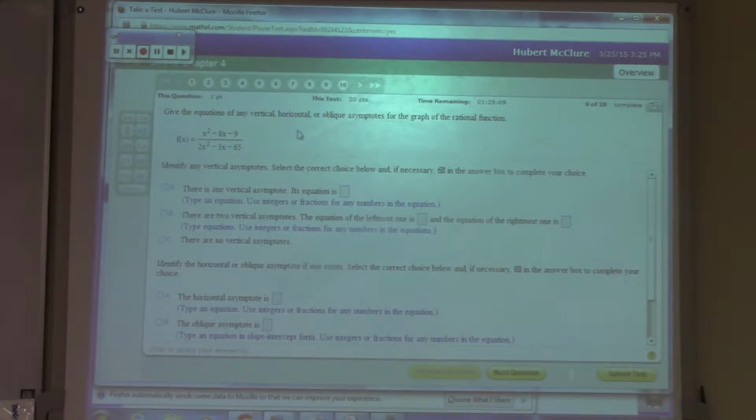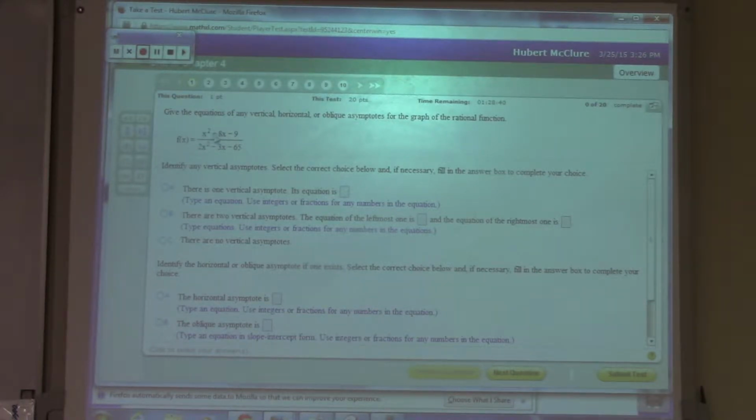So that's one way of doing it. And it's going to ask about the vertical asymptotes. Set the denominator equal to what? 0. Now, before you do that, you need to factor the top and factor the bottom to see if you get anything that cancels. Like an x minus 2 up here or x minus 2 down here, they would cancel. Then you would set the denominator equal to 0.